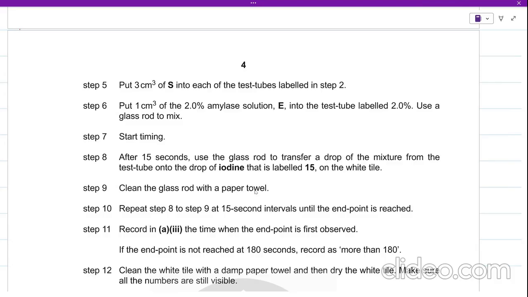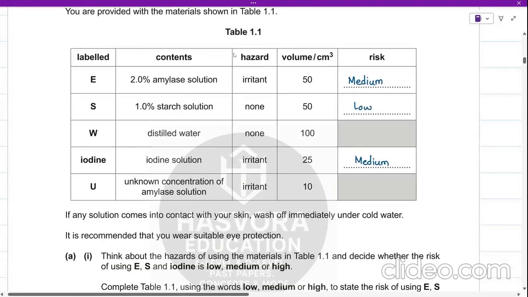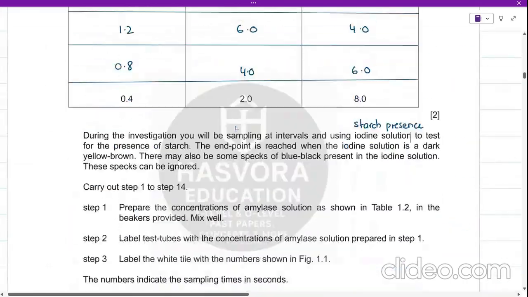So put 1 cm cube of the 2% amylase solution E into the test tube labeled 2.0%, use a glass rod to mix it, and then start timing. So what are we actually doing? Let's see what S actually is and why we added it to the test tube. S is the starch solution and E was the amylase solution.